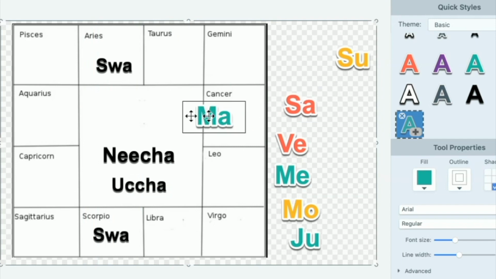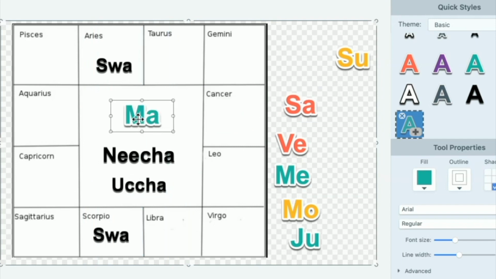So just think about the quality of the planet and what it's not good for. The quality of Mars is drivenness and passion and fire and conquering. Mars wants to conquer, but that's not what you do in the home. In the home you nurture, you don't conquer. In the home you accept unconditionally, you have unconditional love and you give to others, but conquering is about taking.